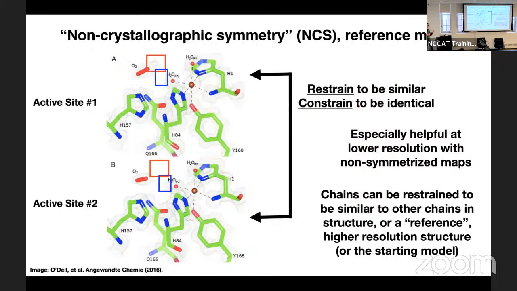There, instead of being absolute that the 6 chains have to be identical, we can just enforce them to be similar to one another. That's often more useful because in reality, there may be some subtle differences between the 6 chains, and we want to allow them to diverge slightly. And so NCS can be very powerful where you do have some kind of symmetry in your molecule or your complex.